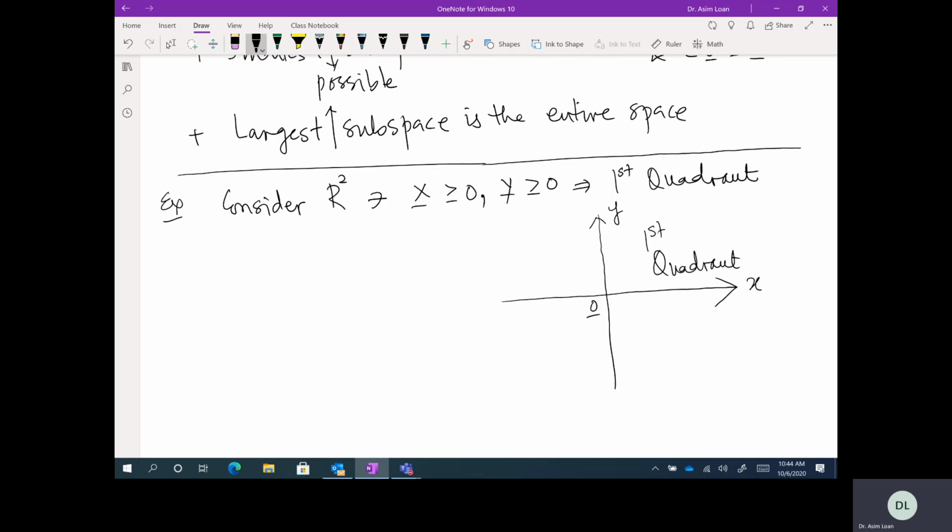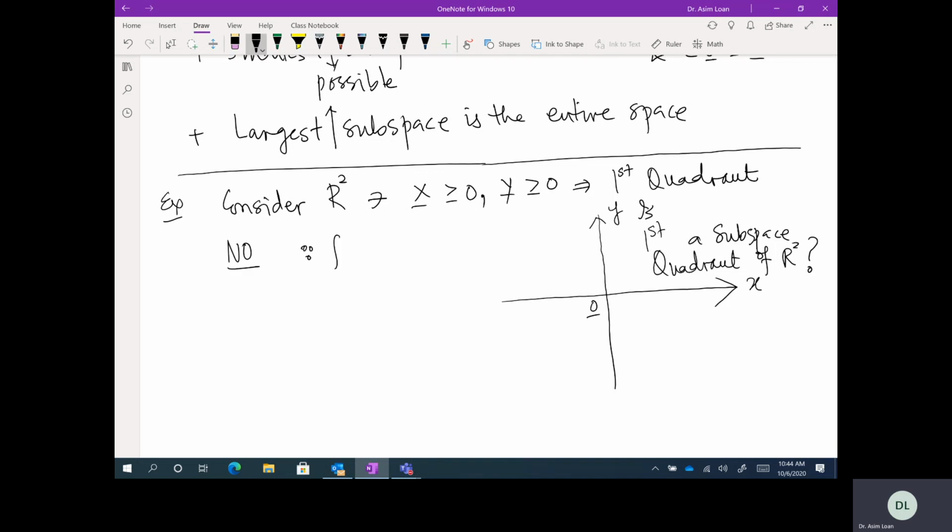So is the first quadrant a subspace of R2? So this is the question. Is the first quadrant a subspace of R2? And it's not. It's no. Why?